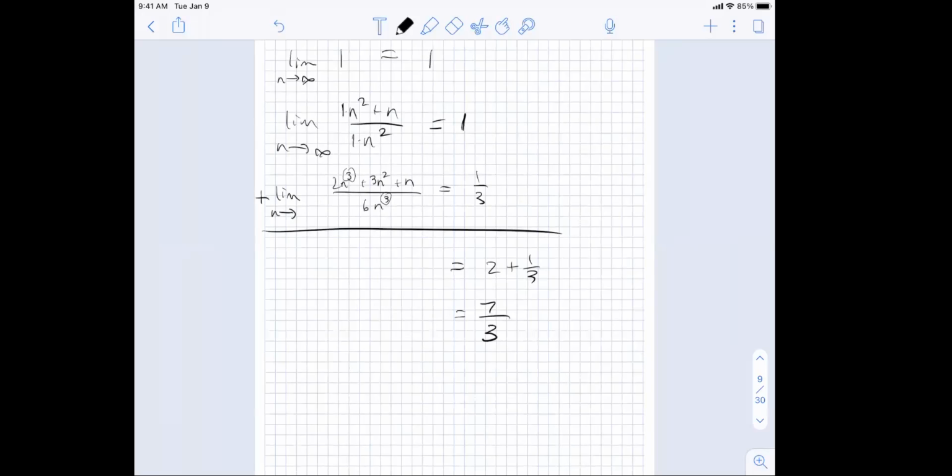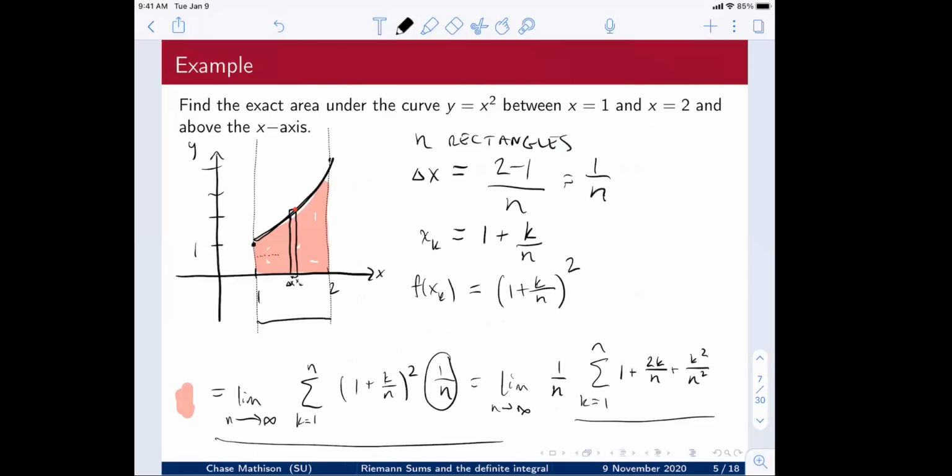But this is the area under the curve. That is the red area there. So in theory, you can find areas under any functions. It's annoying to do, but you can do it.